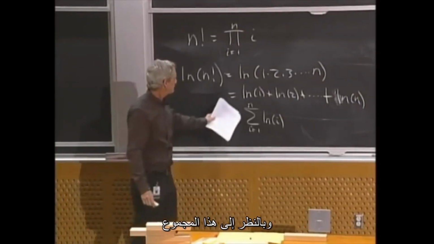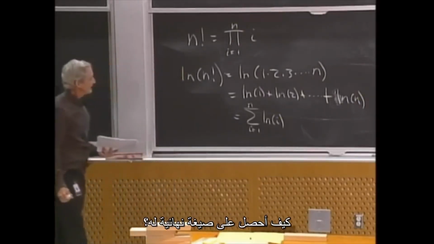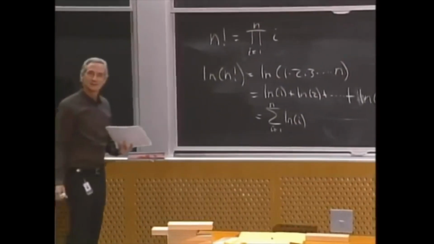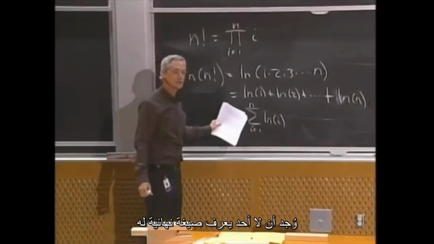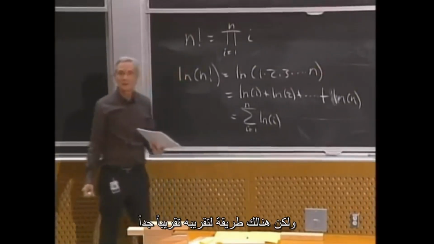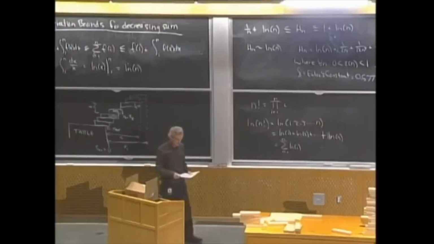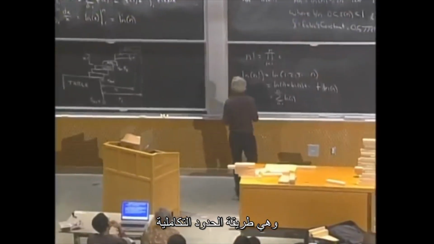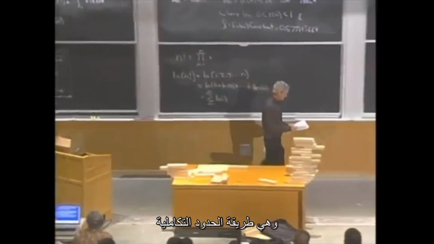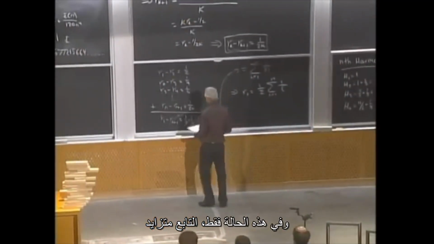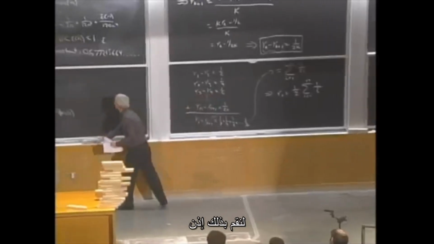All right, so we're looking at this sum, and so how do I get a closed form for that? Turns out nobody knows a closed form, but we do know a method that approximates it very well, which is the integration bounds. Only in this case, it's an increasing function. So let's do that.